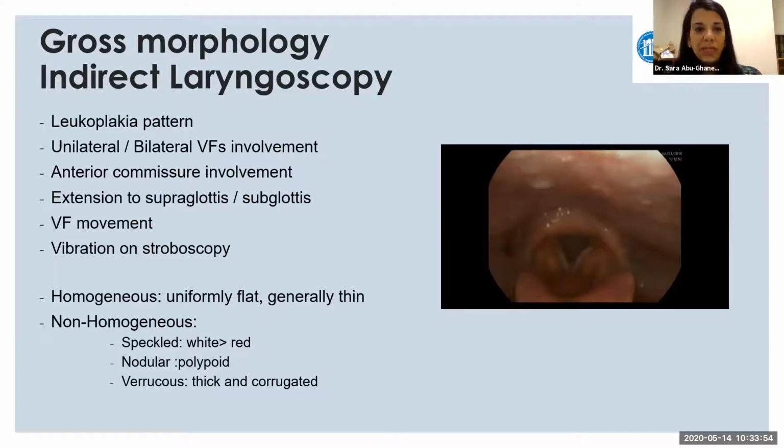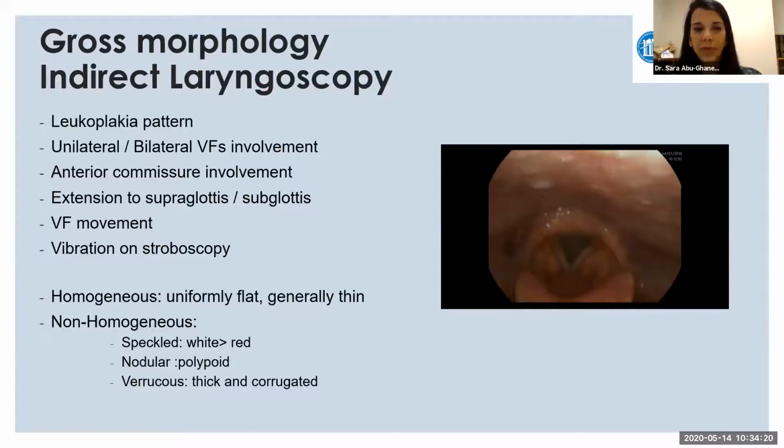When we do see leukoplakia, guys, it's very important to describe in your endoscopy report the pattern of the leukoplakia and how it looks. Is this leukoplakia lesion involving a unilateral vocal fold or both vocal folds? If there is involvement of the anterior commissure, do you see any extension to the supraglottis or the subglottis?